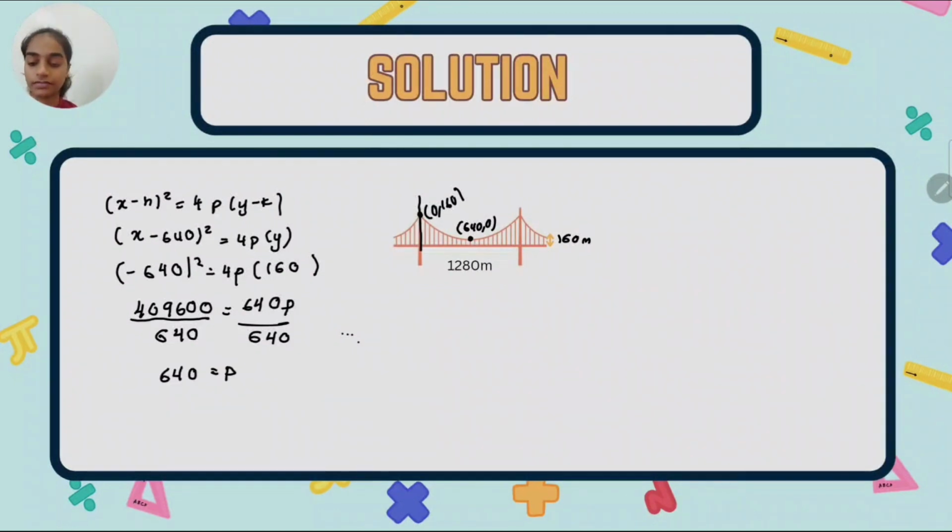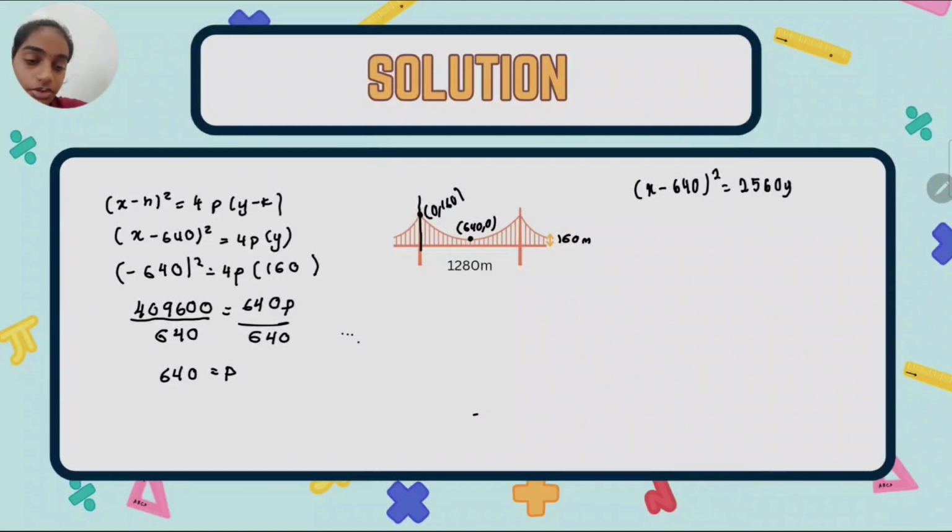Now we're going to substitute that value in again inside the equation. 4 times 640 will be 2560y.